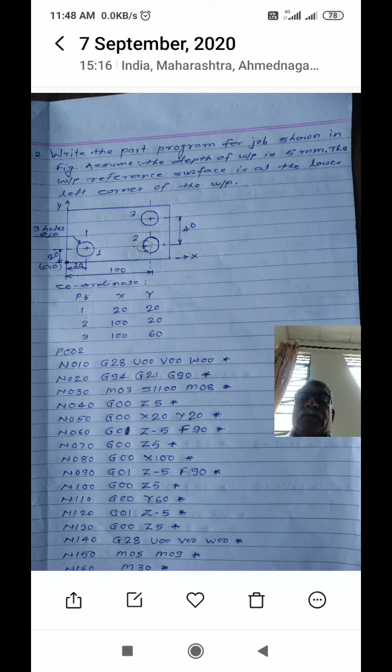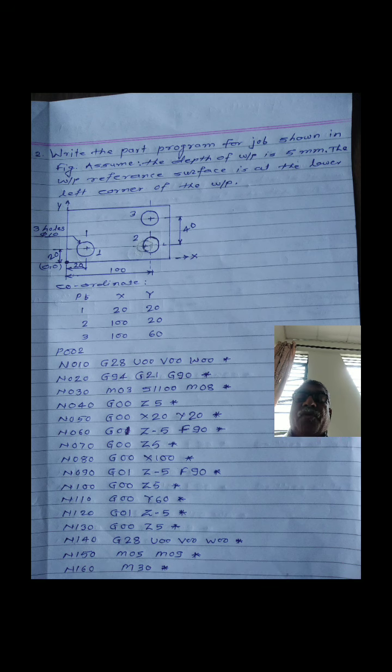Okay, then you have to find out the coordinates of the various points. For point 1, x coordinate is 20, that is along the x axis, and y coordinate is also 20 along the y axis. These are the coordinates of point 1. Then find out the coordinates of point 2.